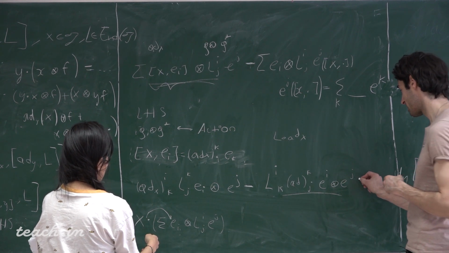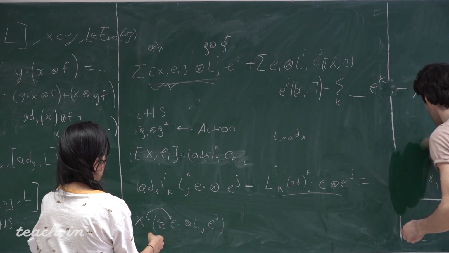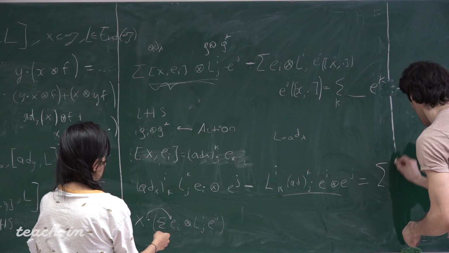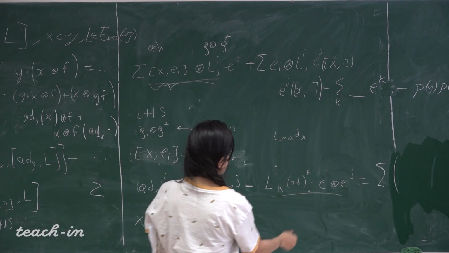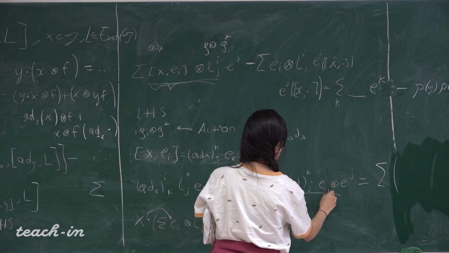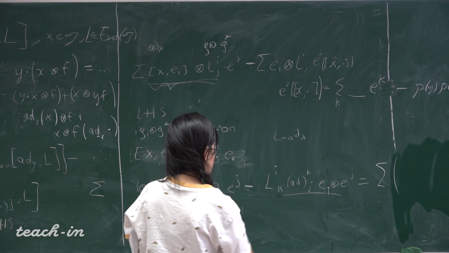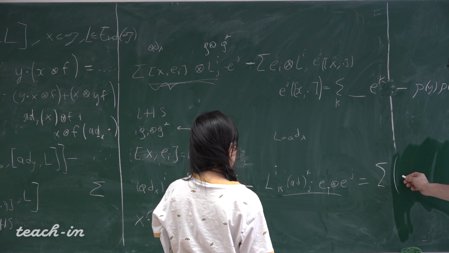Right? So this is actually, let's continue, this is the sum over something EI tensor EJ. But what is this something?